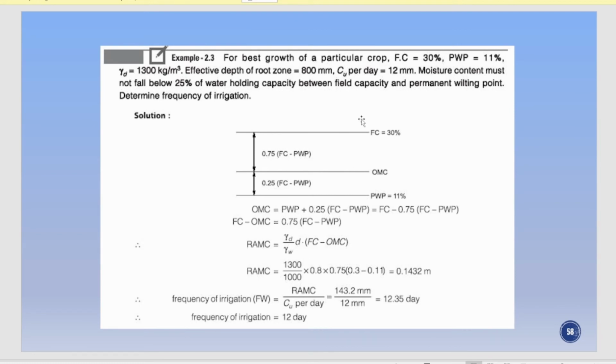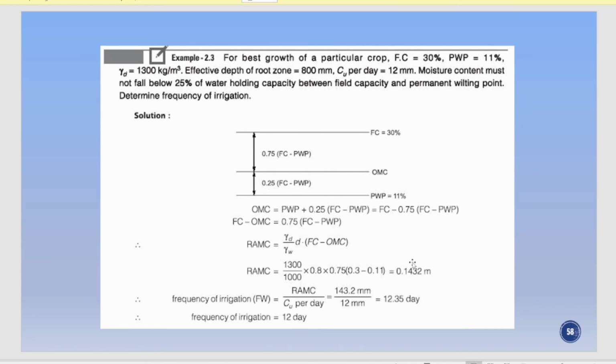FC minus OMC has already been derived here as 0.75 times FC minus PWP. We substitute it here and determine the depth of water at optimum moisture content level. So this depth we have determined, which is this much.